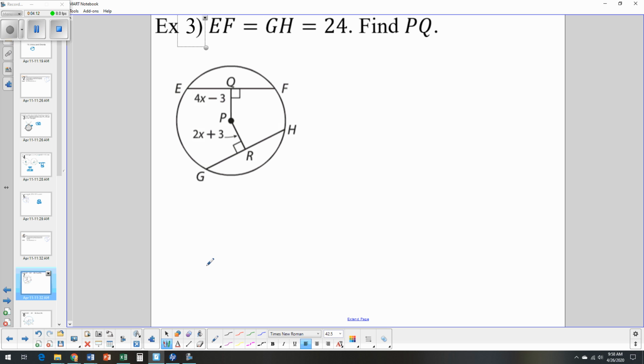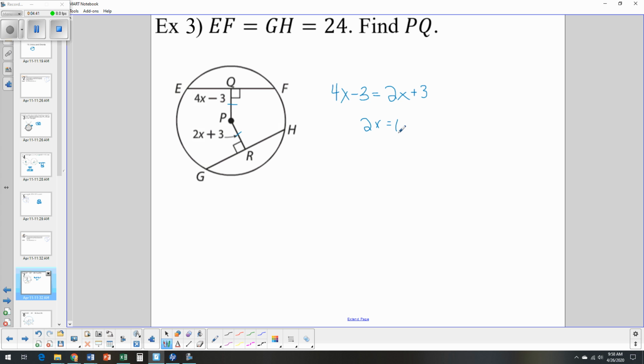So in this problem, they're telling me that EF and GH both equal 24, which means they're the same as each other. So we want to find PQ. So because these are the same, these are the same. So I can set 4x minus 3 equal to 2x plus 3. Subtract 2x.